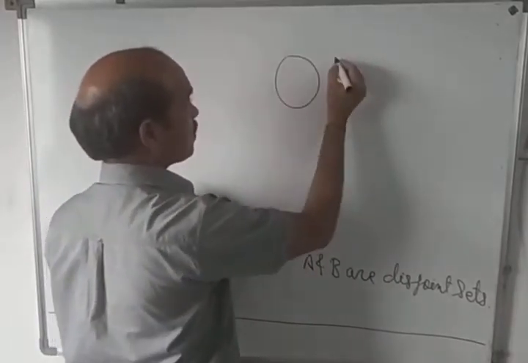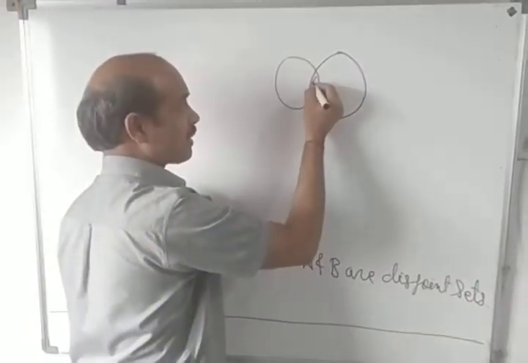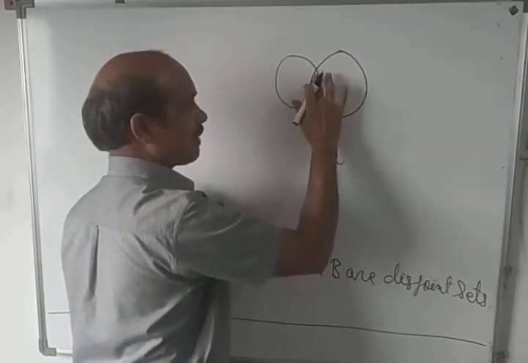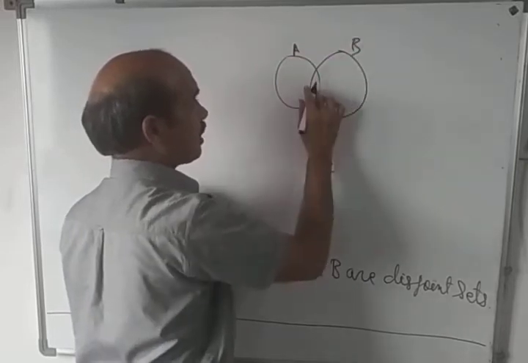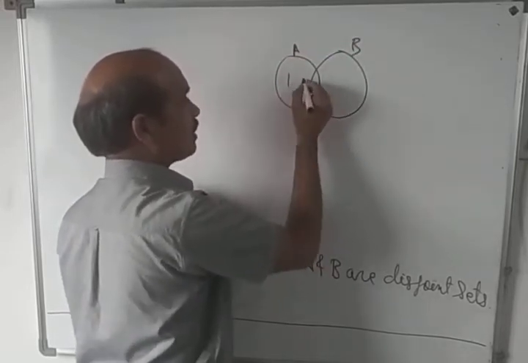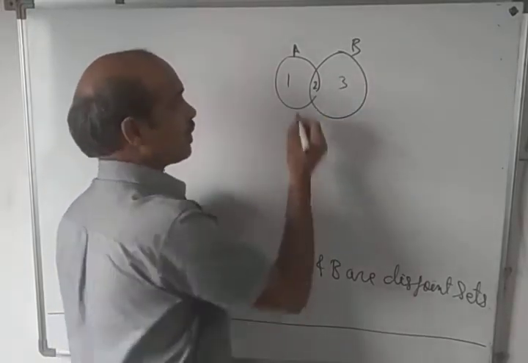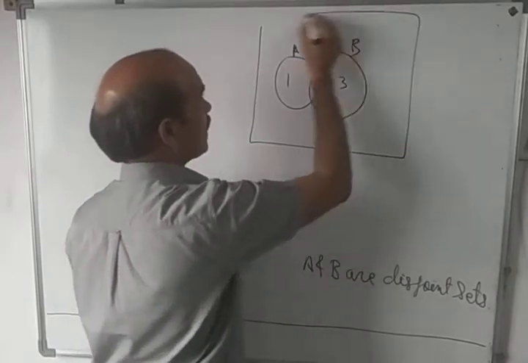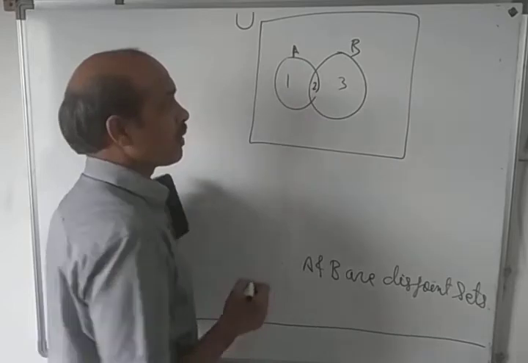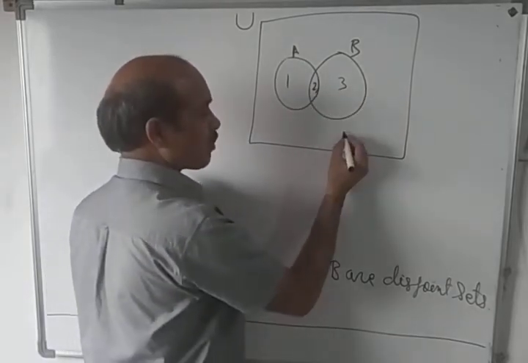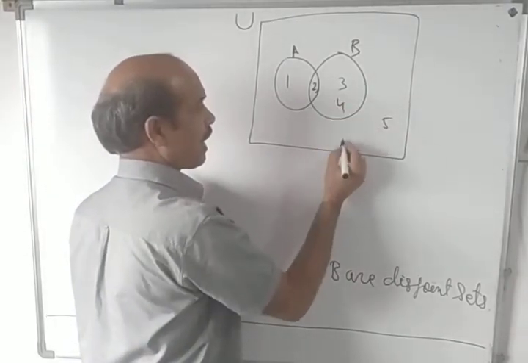If two sets are having some elements common, then this common area will be represented like this simply, or you can take elements like A, B. If you are having 1, 2 is here and 3, while making the universal, you can put some more elements like 4 and 5 in universal. 4 can be here, 5 and 6 can be here.